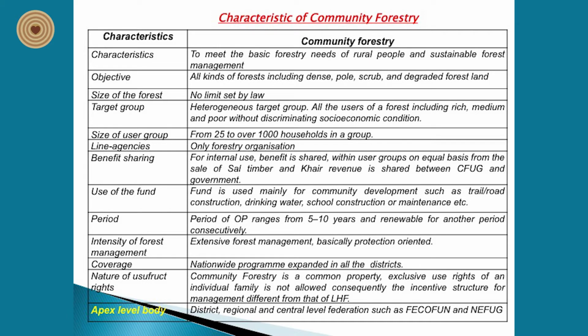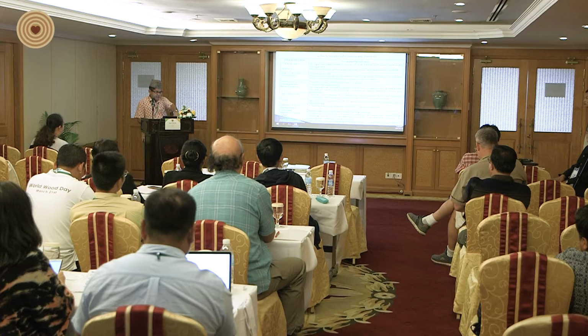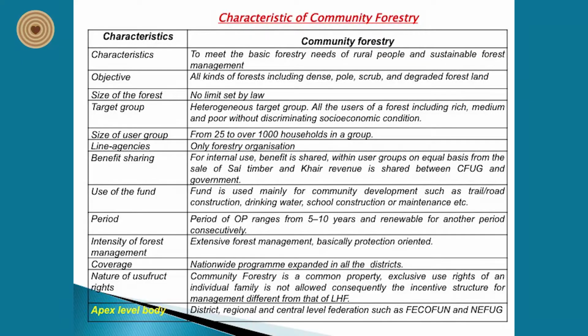Size of user group: from 25 to over 1,000 households in a group. Line agency: only the ministry organization. Benefit sharing: for internal use, benefit is shared within the user group on an equal basis; from the sale of sal timber, khair, etc., it is shared between community forest and government. Intensity of forest management is extensive, basically protection oriented, and coverage is a nationwide program expanded in all districts of Nepal.